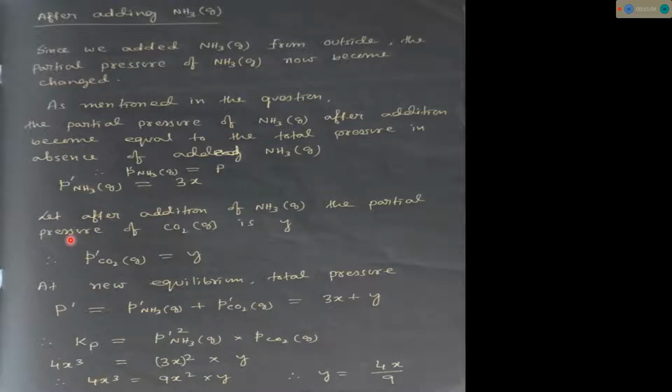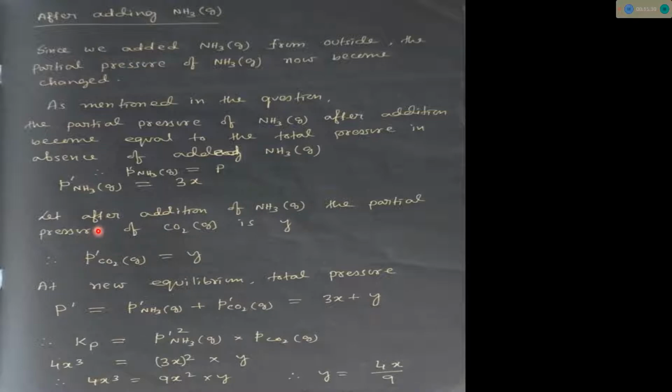Also the partial pressure of CO2 in this new equilibrium becomes changed. If we consider the partial pressure of CO2 after adding NH3 gas from outside to be Y, the new partial pressure of ammonia gas is equal to the total pressure before adding ammonia gas, that is 3x.